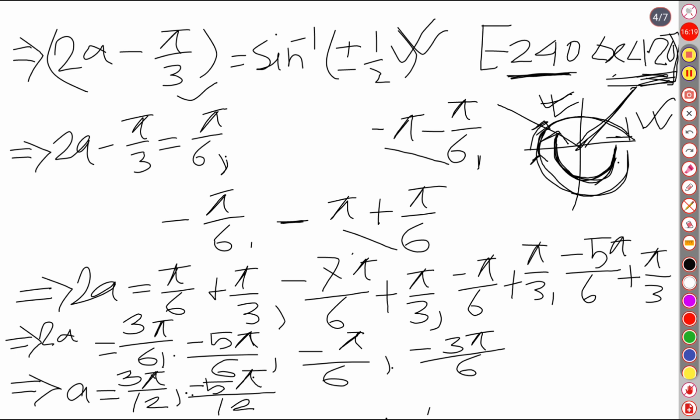That means we are just transposing these 2 to the right side. Then third one is going to be negative pi over 12. Then fourth one, last one is going to be negative 3 pi over 12.